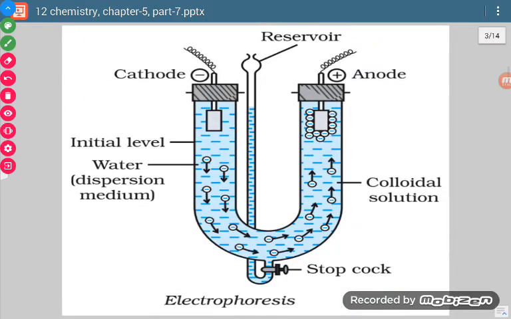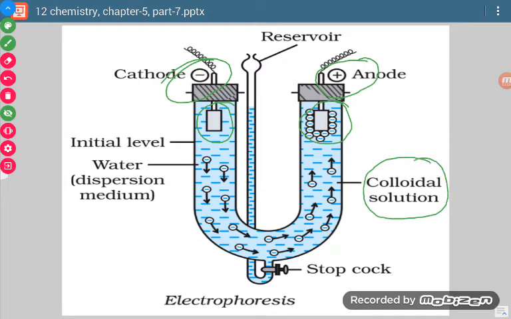Now how it appears, you can see here, this is a U-tube and here we have fitted two electrodes. This is the cathode, which is connected to the negative terminal of the battery. This is the anode, which is connected to the positive terminal of the battery. Now suppose it is a colored colloidal solution, then the color is because of the presence of colloidal sol particles.